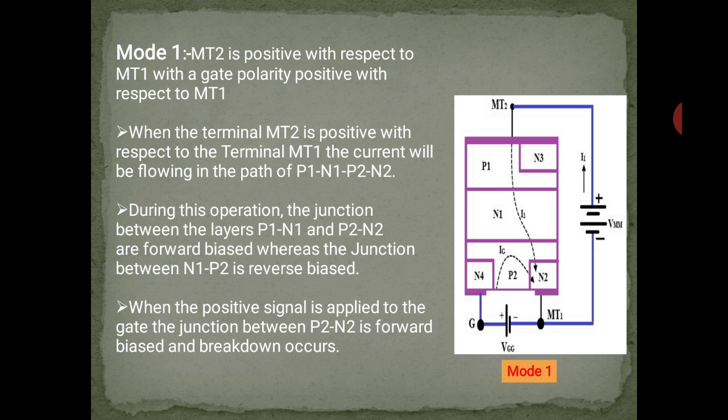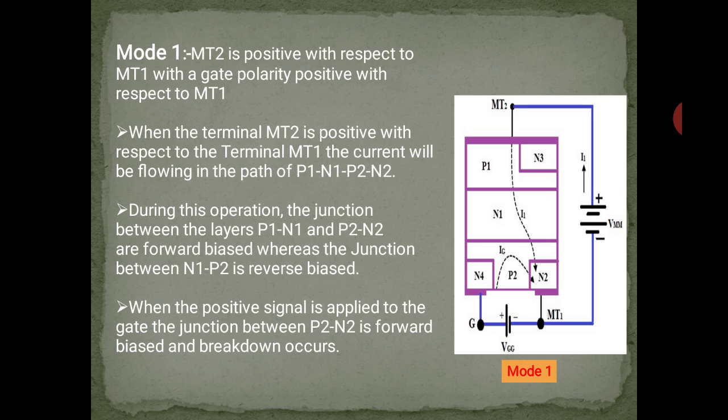During this operation, the junctions between layers P1 N1 and P2 N2 are forward biased, whereas the junction between N1 P2 is reverse biased. When a positive signal is applied to the gate, the junction between P2 and N2 is forward biased and breakdown occurs.